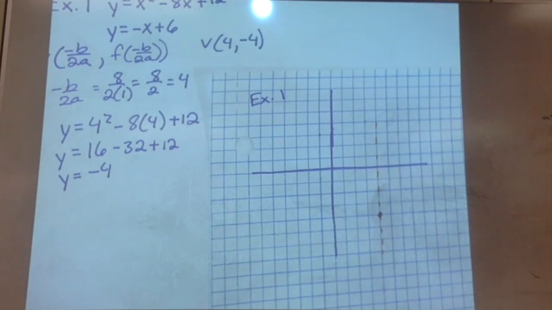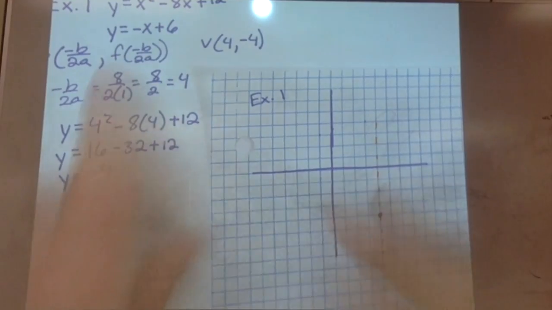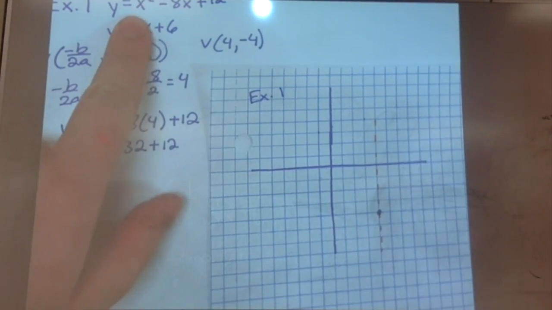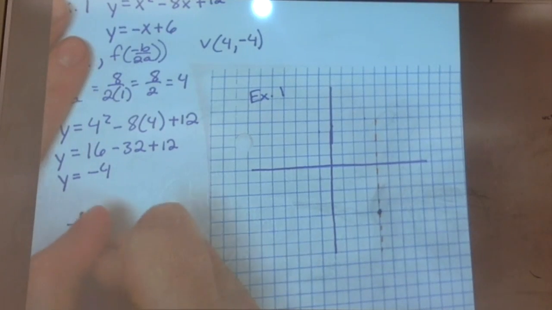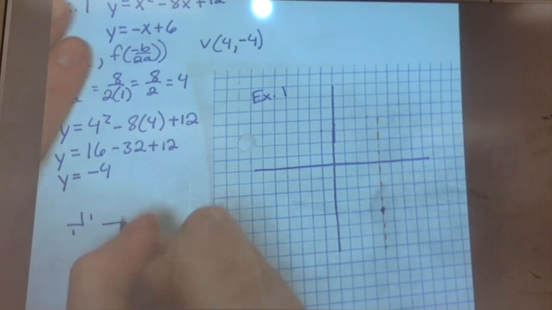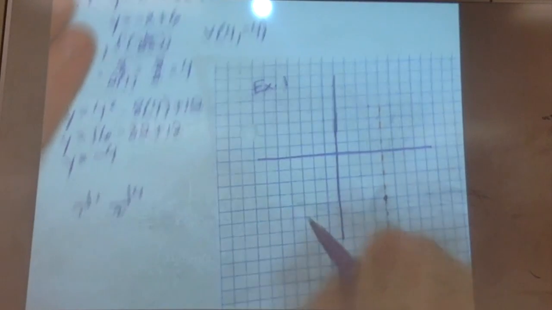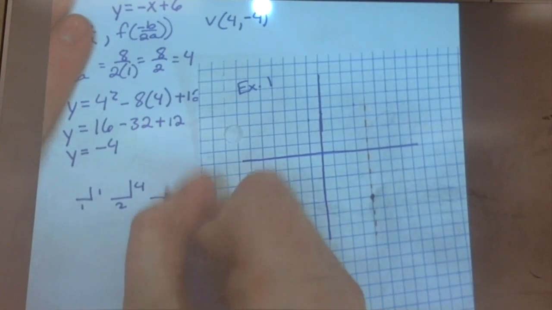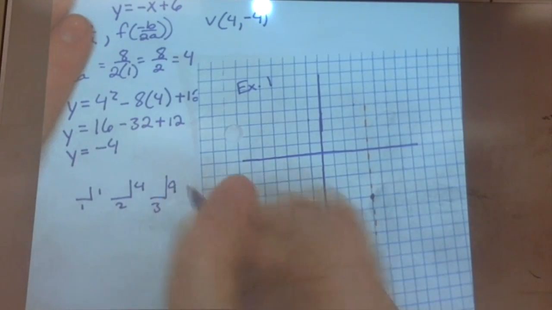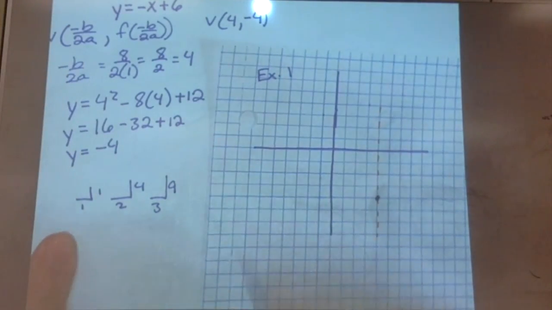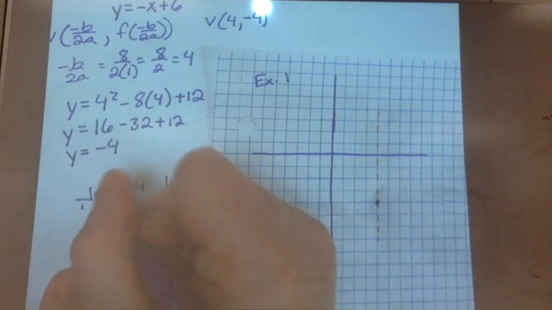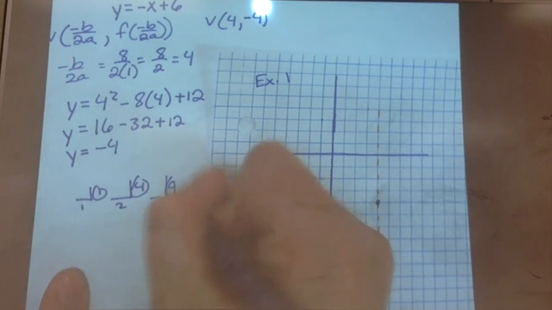And remember, when you graph a parabola, whatever your a is, remember our pattern of right 1, up 1, right 2, up 4, right 3, up 9, right 4, up 16. You're going to multiply that number by whatever is in front of your x squared.